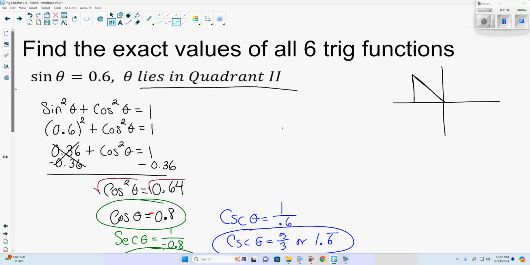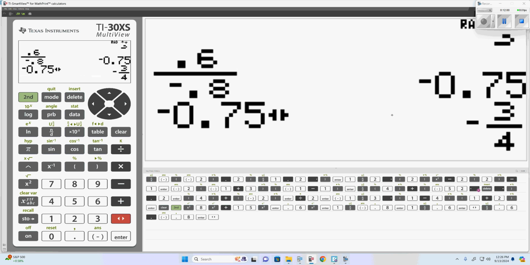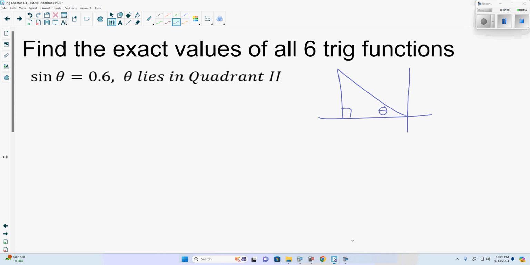Well, we said this angle lied in the second quadrant, yes? Now, sine is 0.6, or 3/5, because our trig functions work a little bit better fractionally than they do as a decimal.